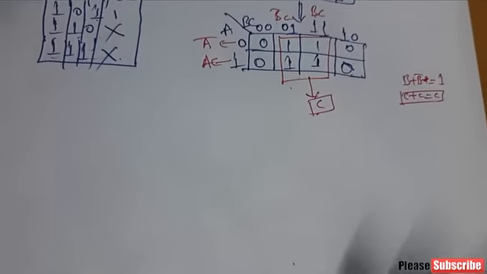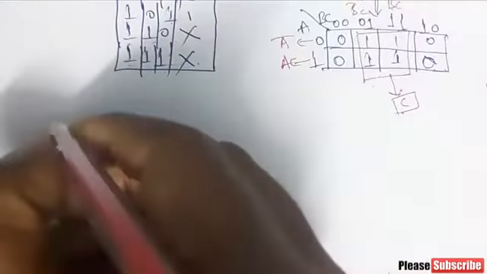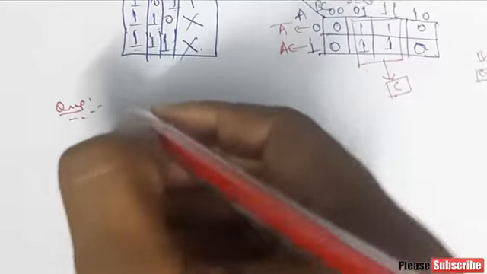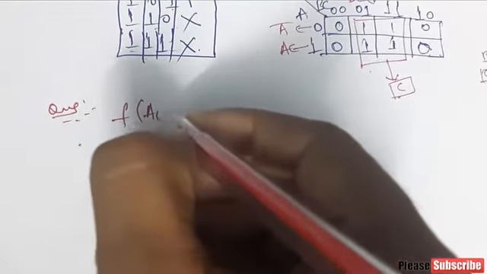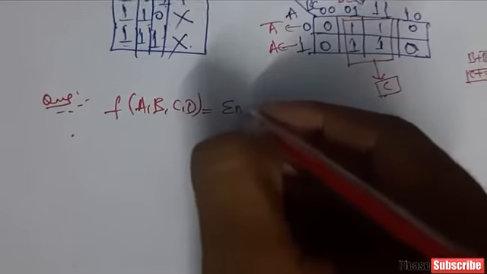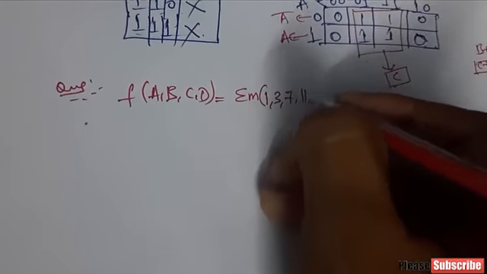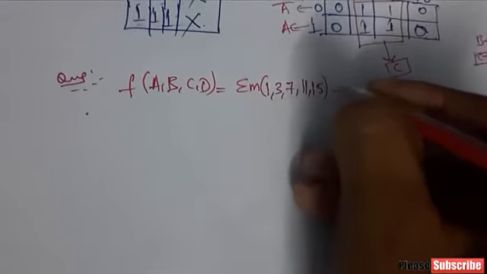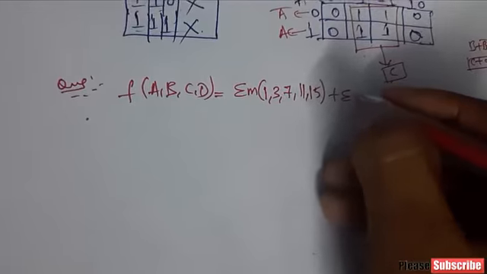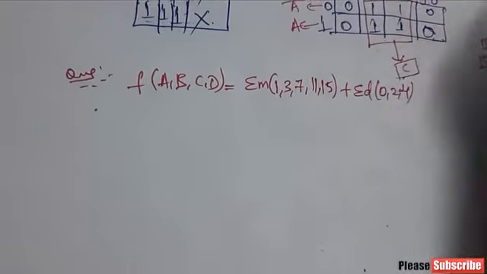Okay, let's see a small example for this. F of A, B, C, D is equal to summation of small m 1, 3, 7, 11, 15 plus summation of D 0, 2, 4.